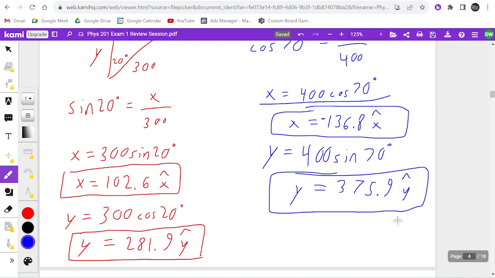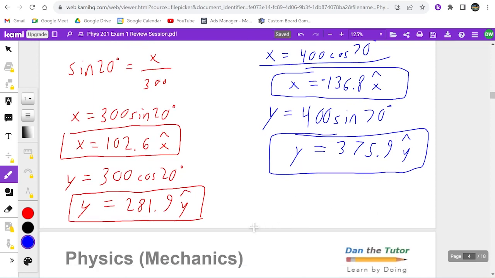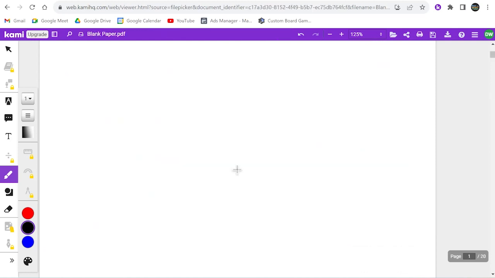And when I add them together, I can only add the x hats together and the y hats together. It's the whole reason why we've been doing all this x and y stuff. So then what I'm saying is, for the x direction, it would be negative 136.8 plus 102.6. That gives me negative 34.2. And again, that's x hat.